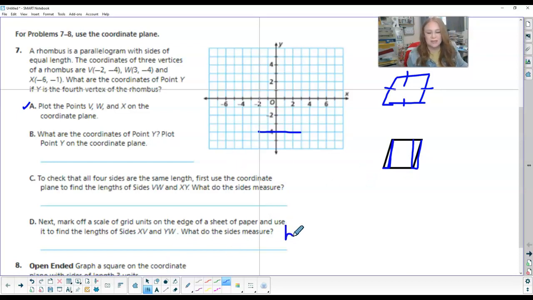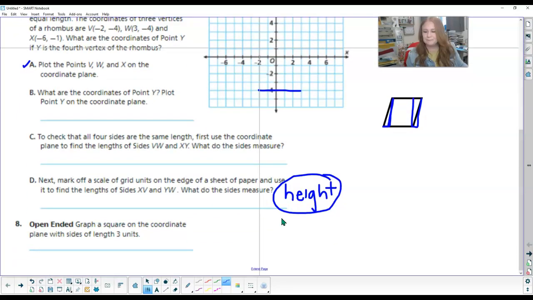So if you just tell me the height straight up and down, I will totally take that too. You may need to tell the person checking if they're looking at the book. It may be a different answer that you could do the height. I'll try and write that in there.